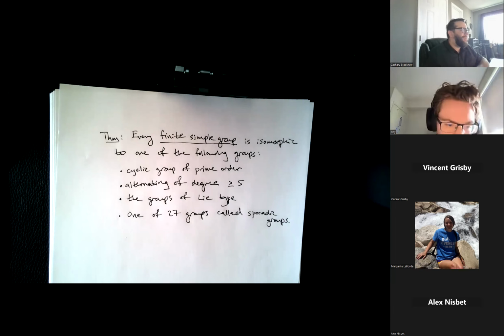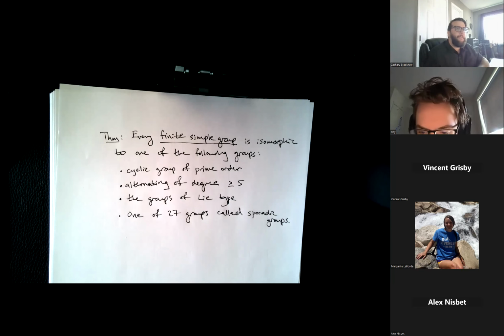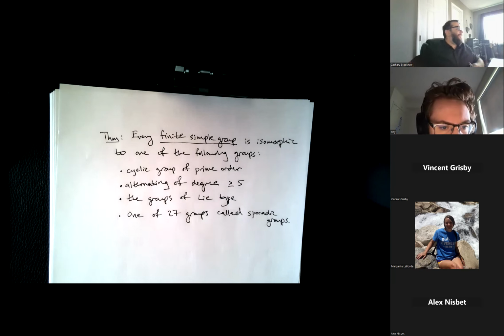D6 is isomorphic to anything that I can give you a concrete answer on. Yeah, I'm not sure off the top of my head. I imagine it's not, but D6 is not simple.